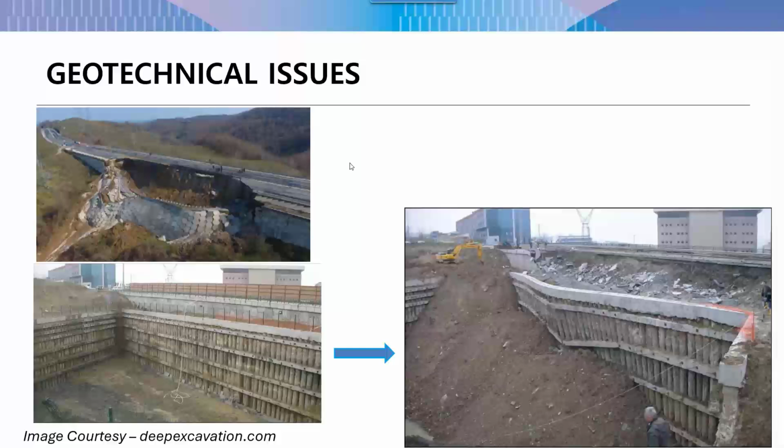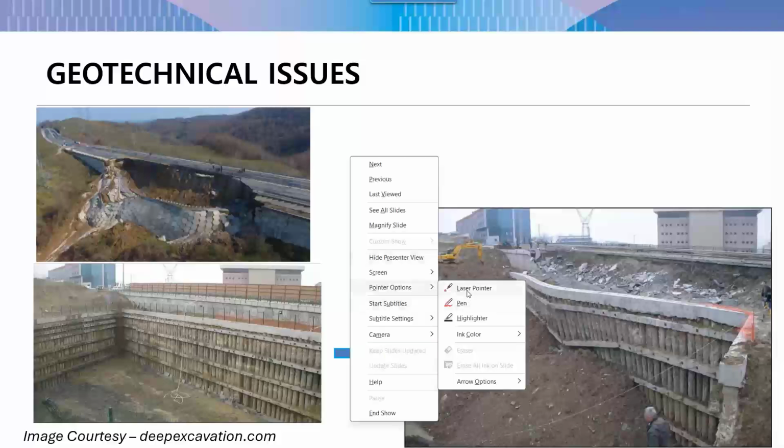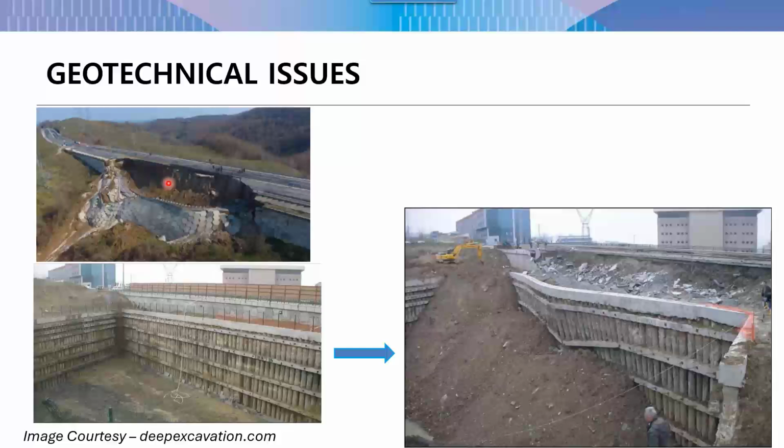On the top left picture, you can see a part of the road embankment has collapsed, taking the retaining wall with it. Similarly, in the bottom, you can see a contiguous bored pile wall with an extremely good backup support system of bailing and anchoring. Yet along the corner where the excavator is standing, the area has completely failed.